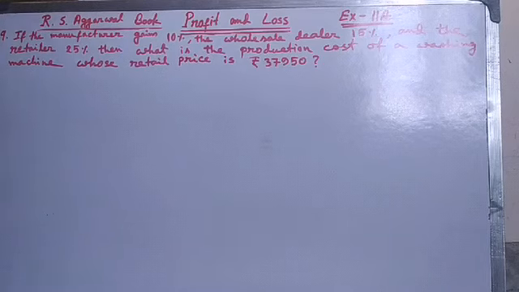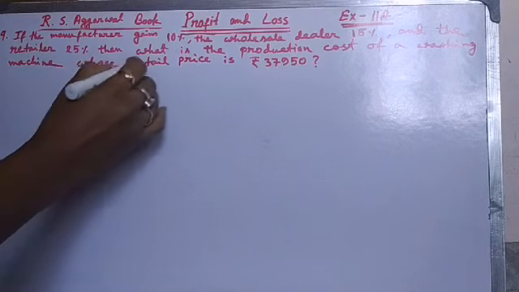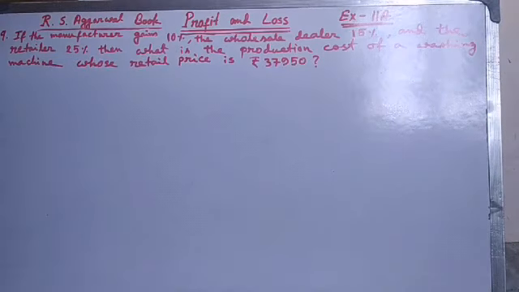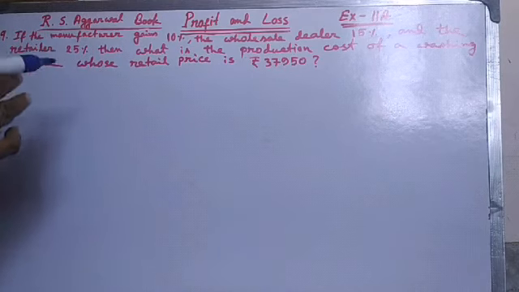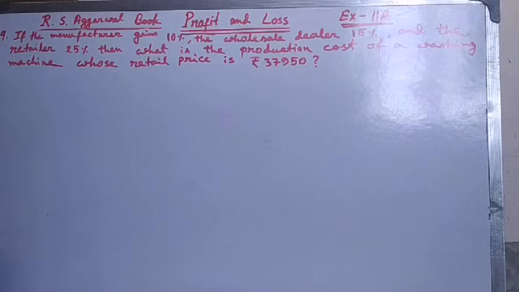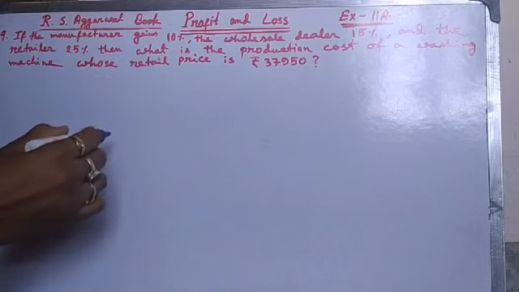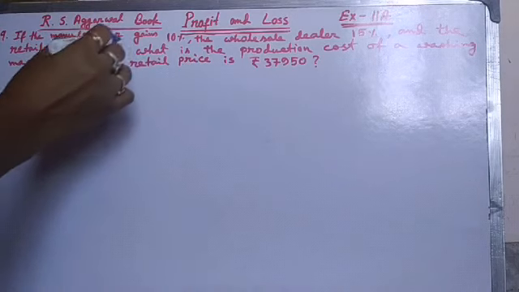So first of all we will write here retail price is 37,950 because I will start from last, because by unitary method I will do it. If any other process you want to do, that means by taking X you can do, that will also be applicable. So because I will use unitary method here, that's why I will start from last.